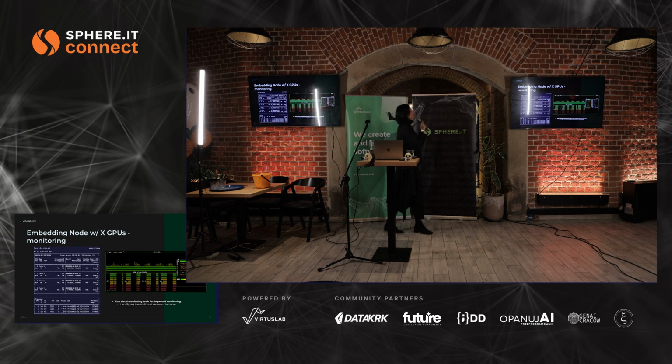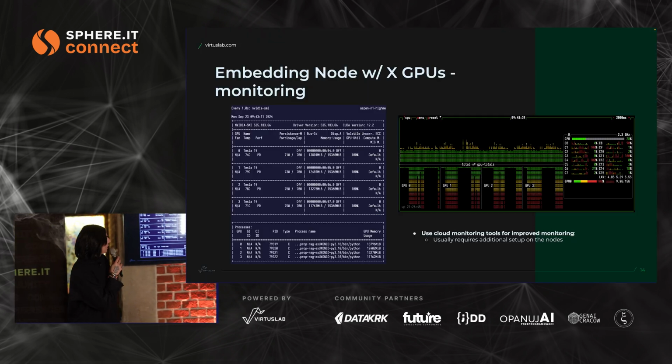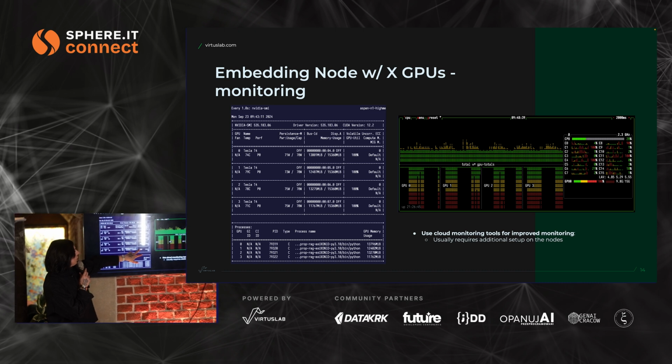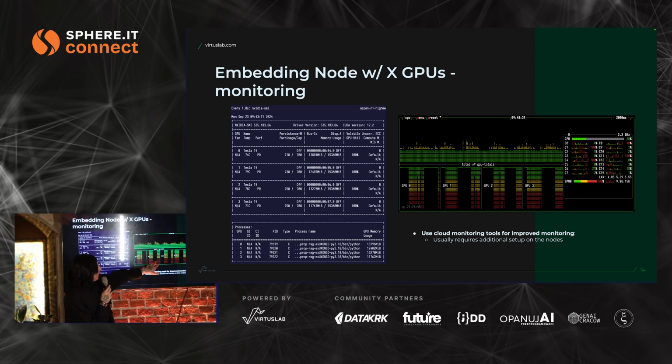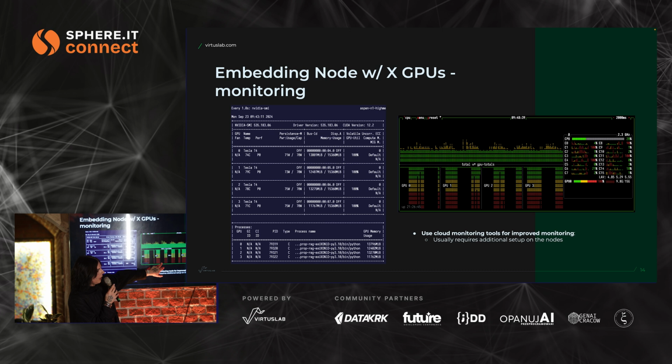So in terms of monitoring, we can use, of course, NVIDIA SMI and check the usage of the GPUs. And here is a common problem. If you use threading instead of multiprocessing, then there will be gaps in GPU utilization.